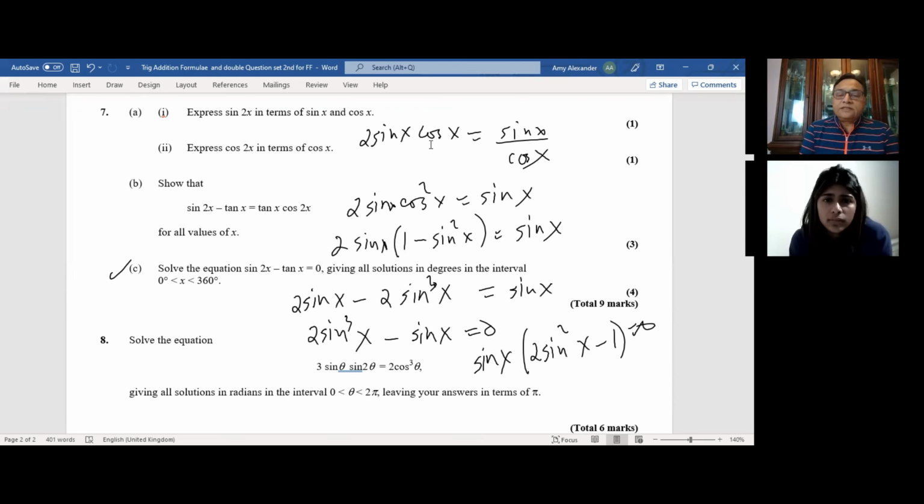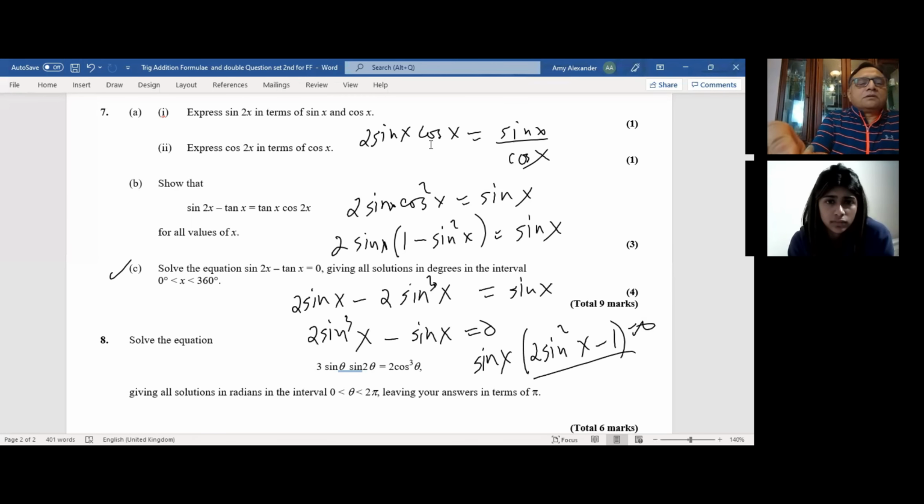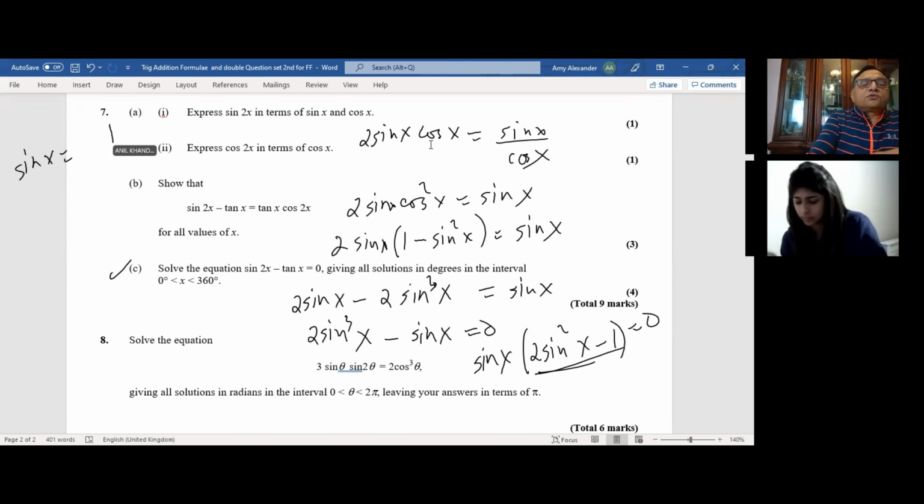Equals to 0. So do you see? So what are the answers? Sine x equals to, I mean, see, what do you get? Oh, I erased it. Okay, so equals to 0. So your answers are correct. So it is sine x equals to 1 over square root 2, right?